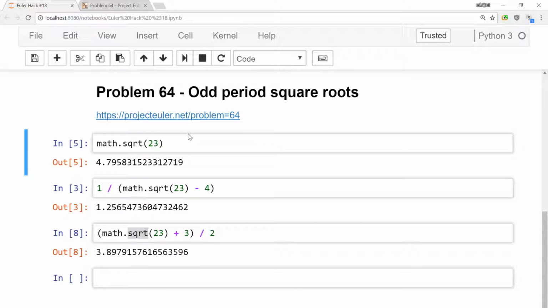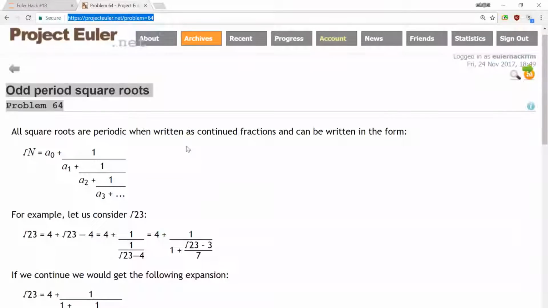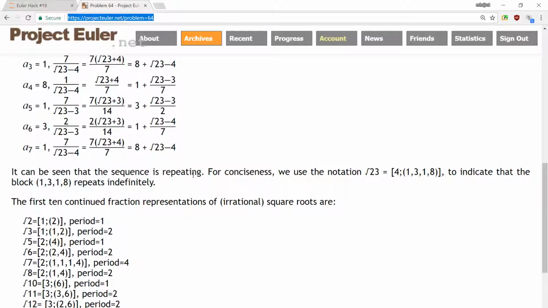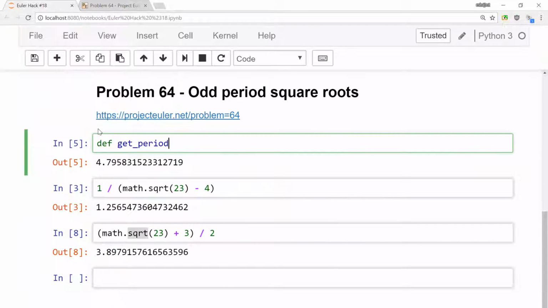Okay, so we have a function, def get period, or what is it called? Do you have a name for this? I guess continued fraction representation, CF or get. I don't know.